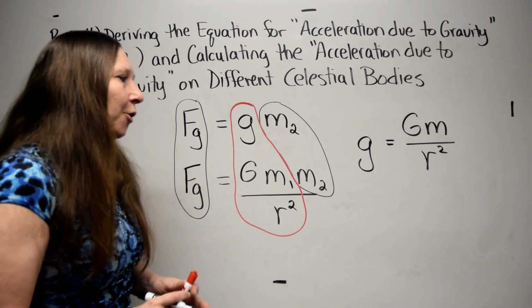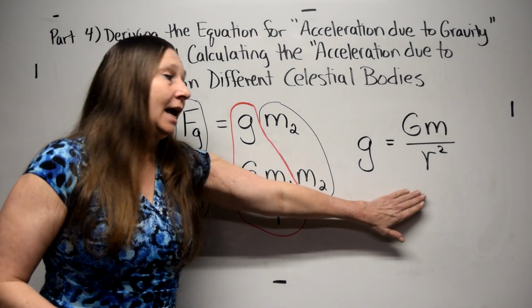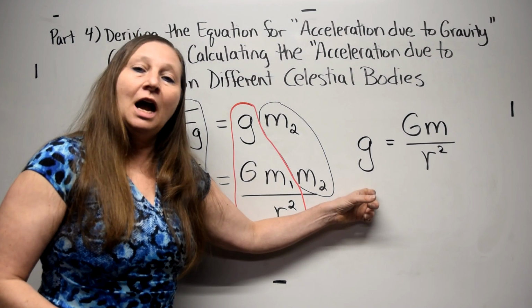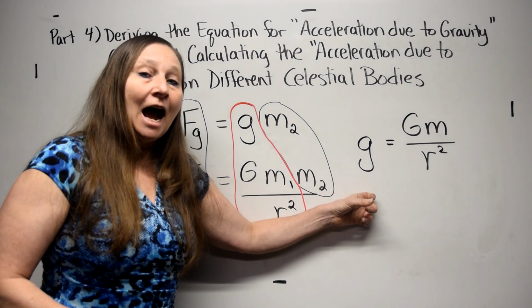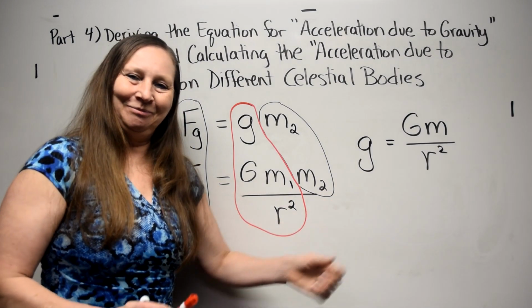Okay, so now we're going to calculate g for several common celestial bodies in our solar system.